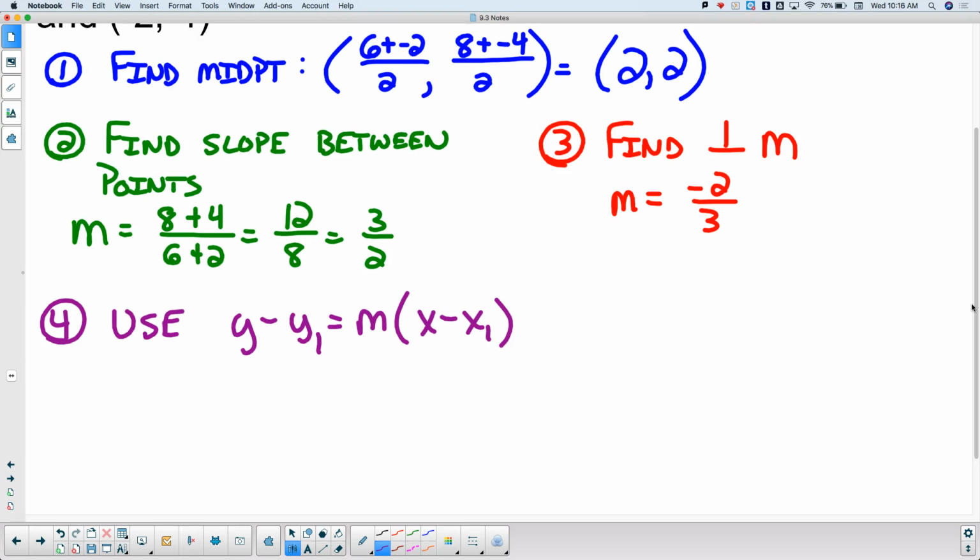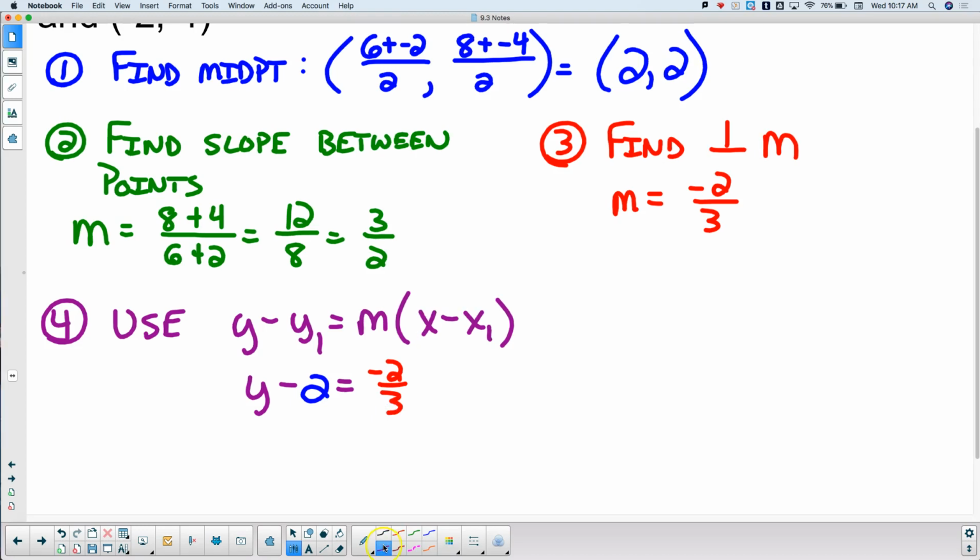Okay, so it's going to end up looking like y minus 2 equals negative 2/3 times the quantity x minus 2. Oops, that second 2 should be a blue 2.